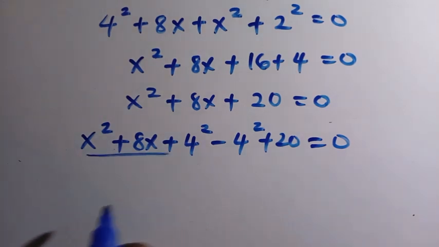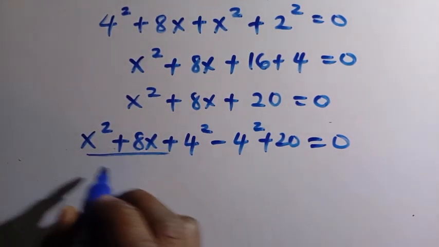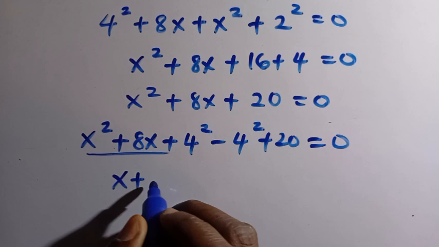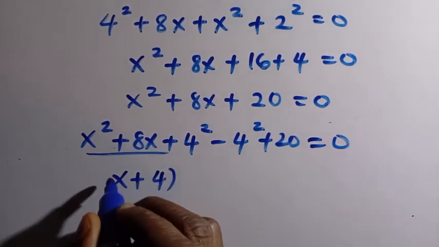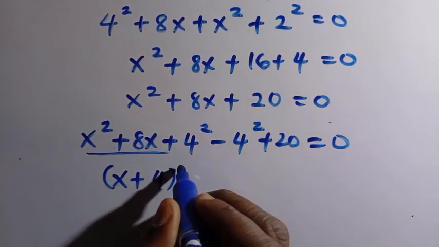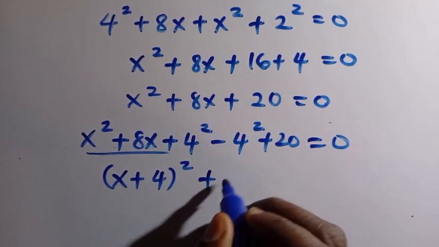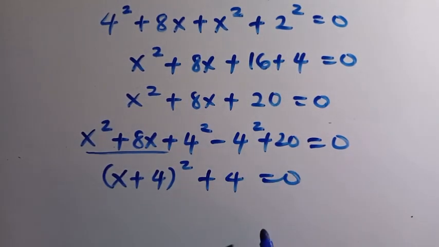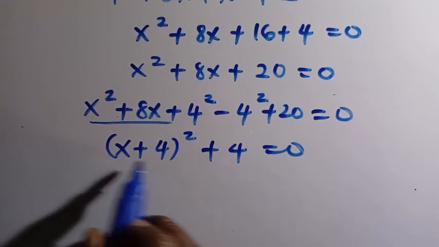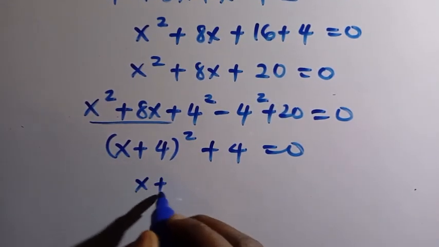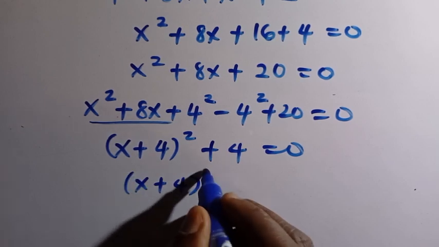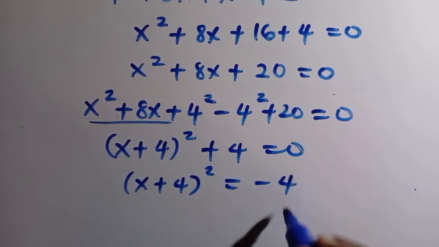So let's combine these together. The combination of these gives (x + 4)^2 plus 4 equals 0. And by this, we have (x + 4)^2 = -4.